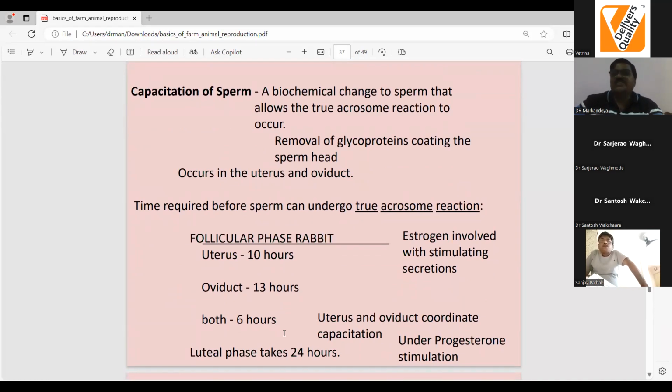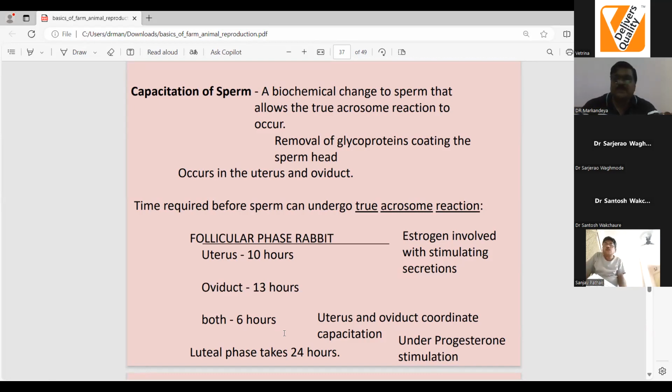Whenever there is ovulation, we expect that for better chances of fertilization, there must be availability of sperms in the reproductive tract of the female. Ovulation occurs 6 to 8 hours after cessation of the estrus. Insemination is done at the last phase of the estrus, which means we are 12 hours before, as far as AI is considered.